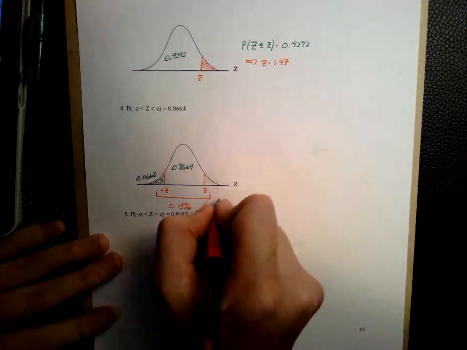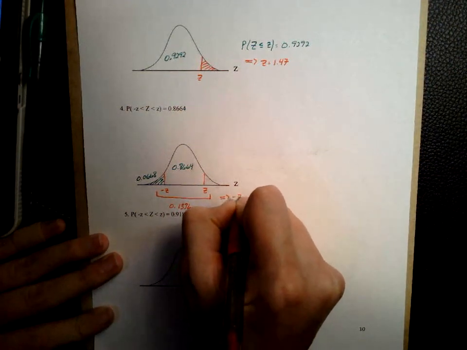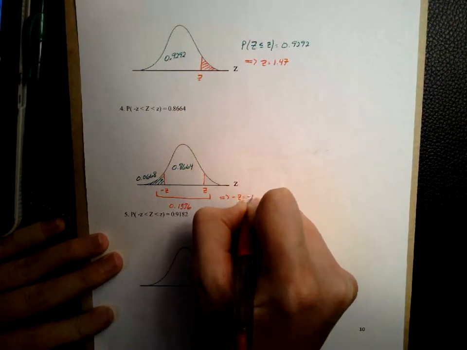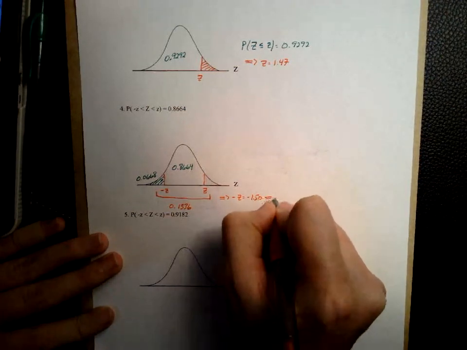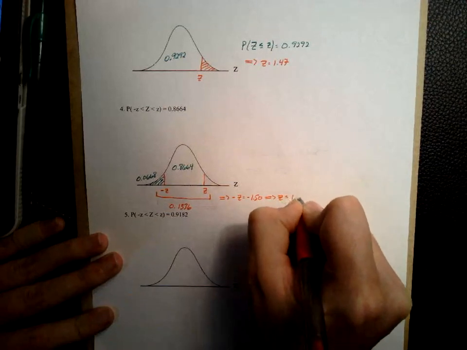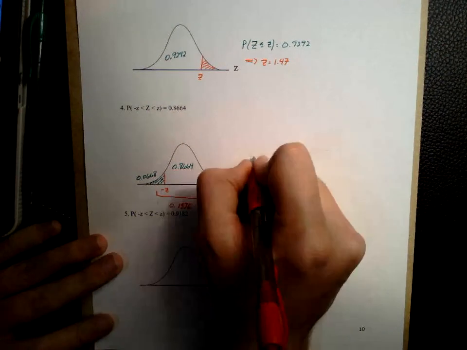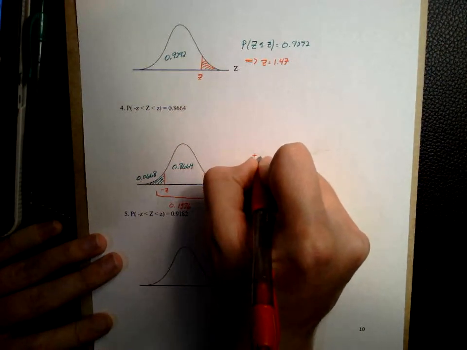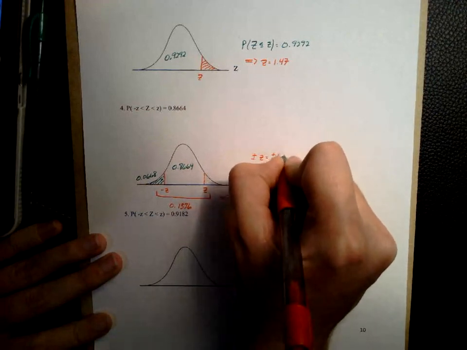So this implies that the negative z is equal to negative 1.50, which implies that the positive z is equal to 1.50. Or another way you could write it is the positive and the negative z-scores you get are positive and negative 1.50.